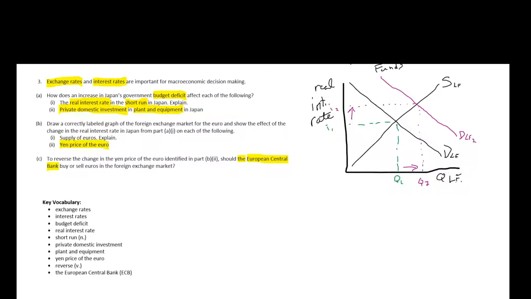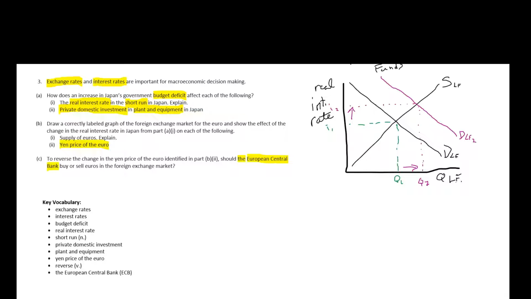So when we combine this with plant and equipment, here essentially means capital expenditure. So investment in things like equipment. Plant could mean like a factory, tools, machinery, and so on. These would be projects that companies would undertake if the interest rate is suitably low.